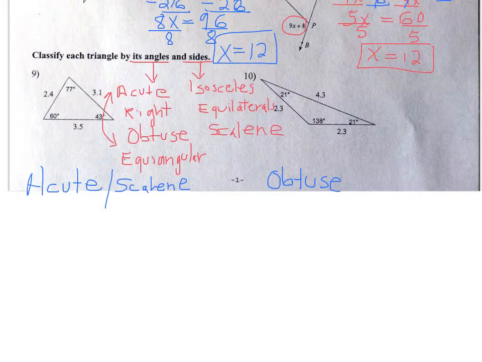And now something that is very important here is 2.3 and 2.3. They're the same. Therefore it is isosceles. If at least two sides are the same, it's isosceles. That's number 10. And now let's move.